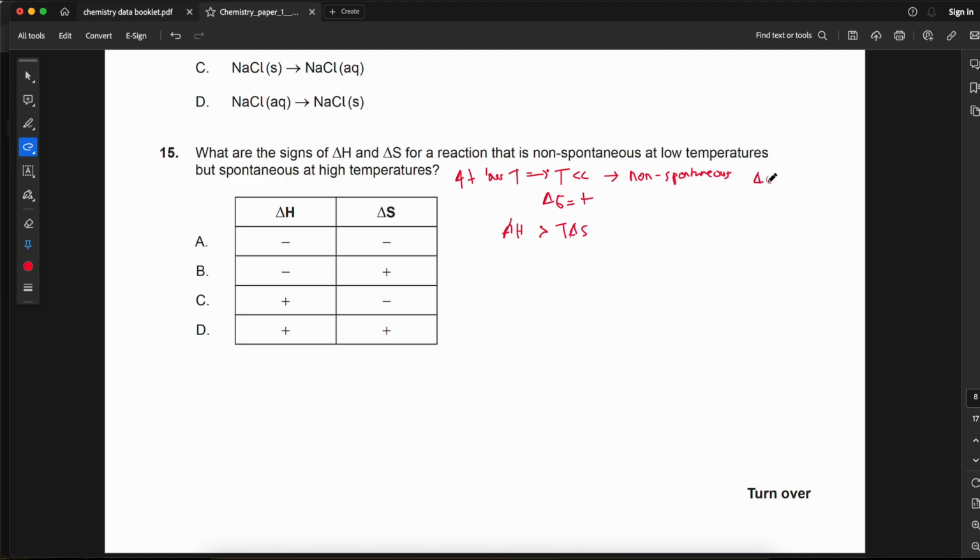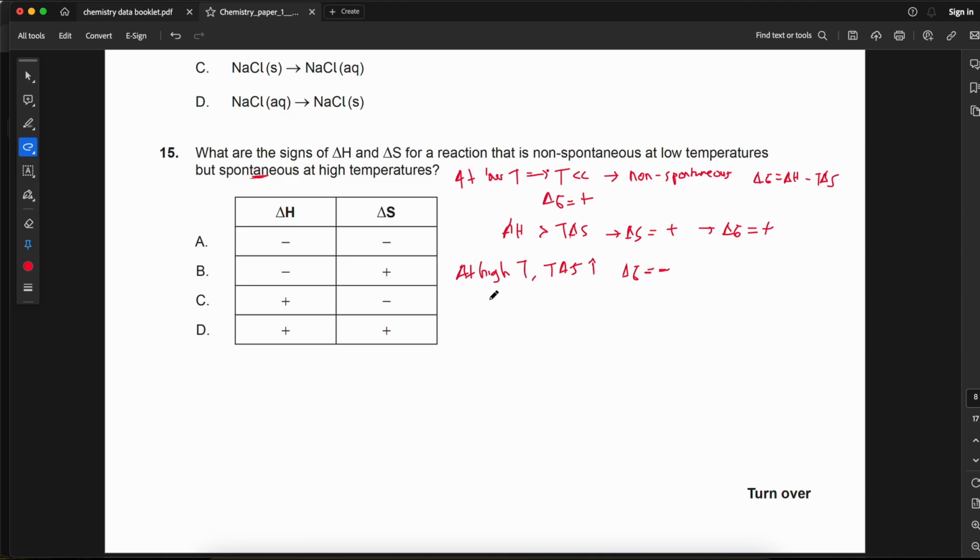You know, delta G equals delta H minus T delta S. So delta H should be bigger than T delta S. So delta S will be positive, therefore delta G will be positive as well, if you see from this formula. And at the high temperature, T delta S also increases to make delta G negative, so that would be spontaneous.